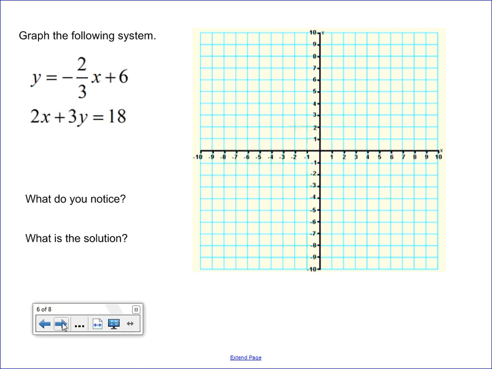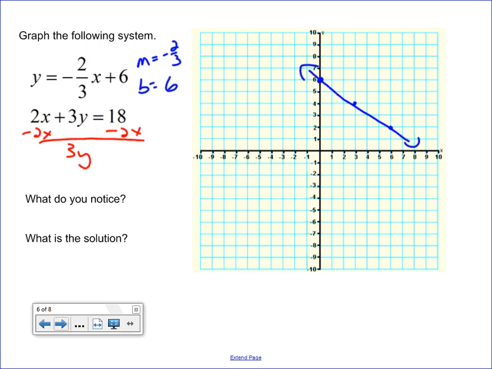Okay, next one. If I were to graph this one, the slope is negative 2/3. The y-intercept is 6. So I start at 6, and I go down 2 over 3, down 2 over 3. I got this line. If I solve the other one for y, I subtract the 2x. I'd have 3y is equal to 18 minus 2x.